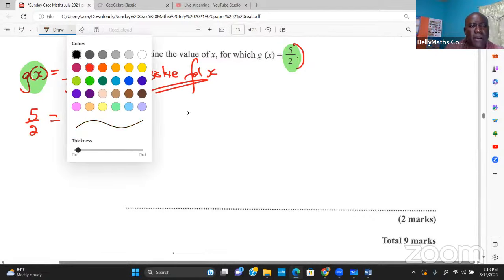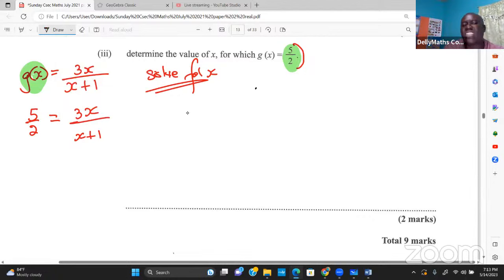If I'm going to be solving for x, I need to get rid of my fraction. So I'm going to multiply throughout by a nice LCM that I have here. The LCM I'm going to be working with would be 2 times the bracket x plus 1. Or you could do cross multiplication. There are so many ways. Matter of fact, why not do the cross?